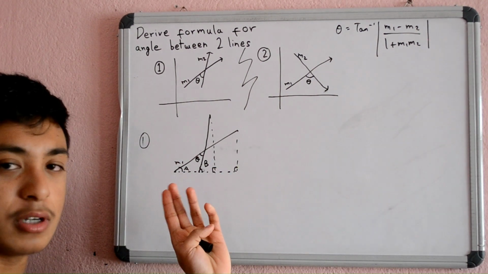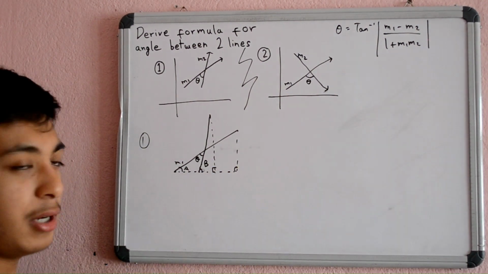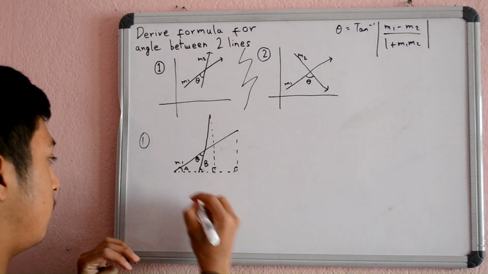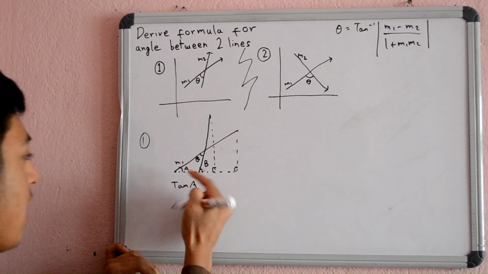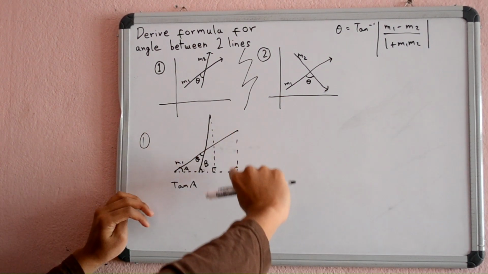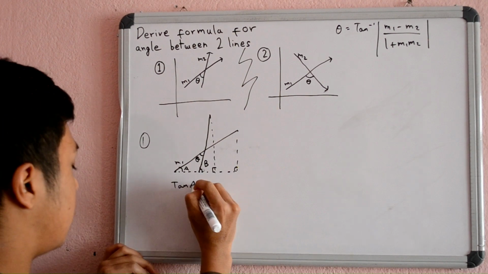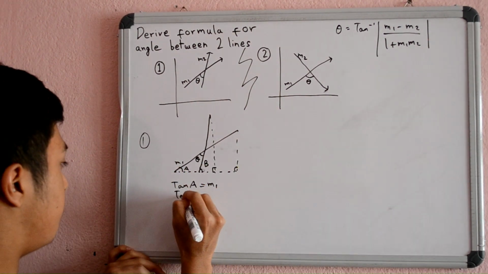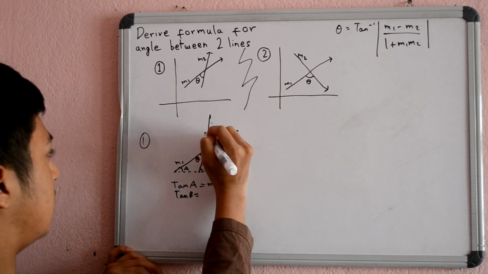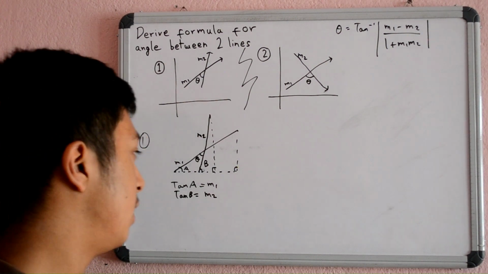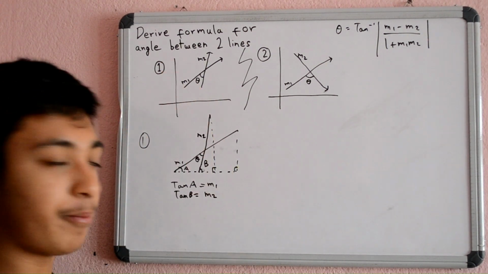This may look a bit crazy, but let's just use what I talked about earlier. So the tangent of this big triangle angle will represent the first slope m1, and tangent of B represents m2. Just writing what we know is the best way to derive anything.